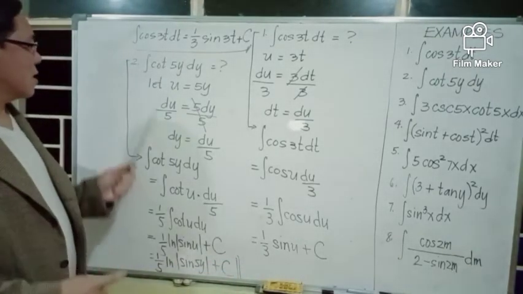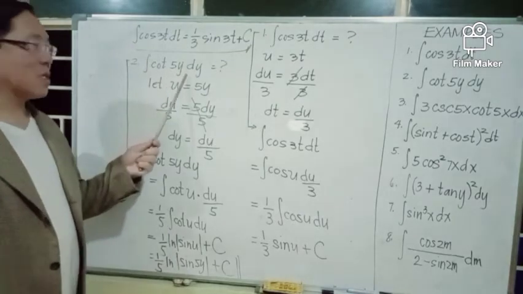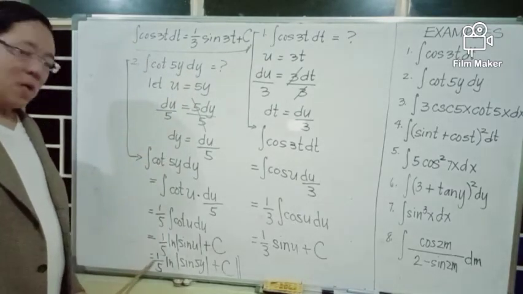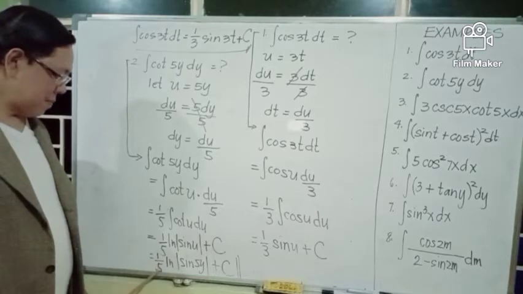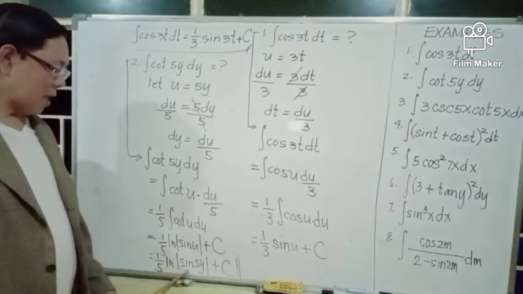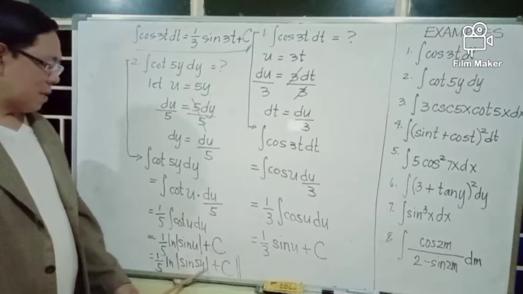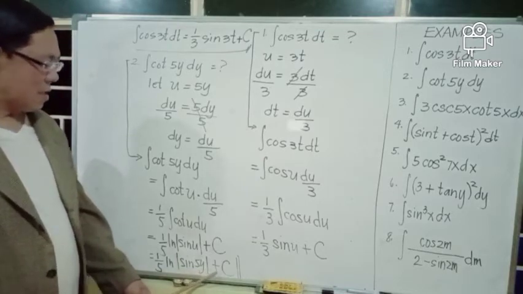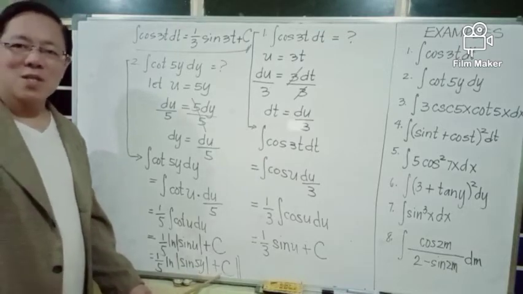Thus, the integral of cotangent 5y with respect to y equals 1 over 5 multiplied by ln of sine 5y plus a constant of integration c.